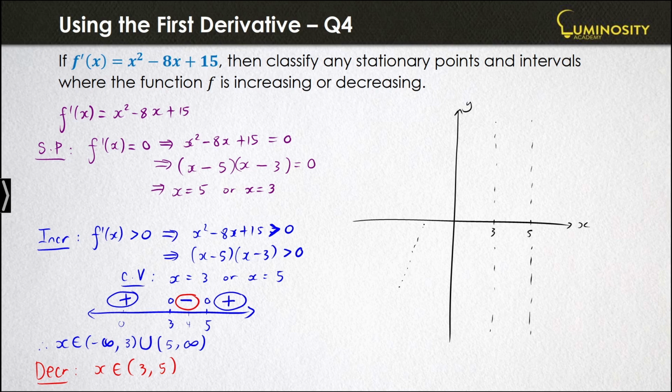So negative infinity all the way up to positive 3, the graph increases, reaches a maximum turning point, or a local maximum turning point, I should rather say, and then decreases in the interval 3 to 5. So it comes down. It probably hits a turning point maybe here or even further down.